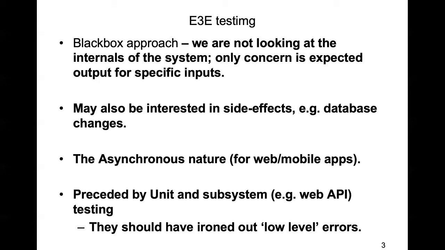But when you're doing end-to-end testing, you're really just testing the system as if it's a black box. You're only concerned with inputs and outputs from the black box. You shouldn't be finding low-level errors when you're doing end-to-end testing if you've done your unit testing properly.